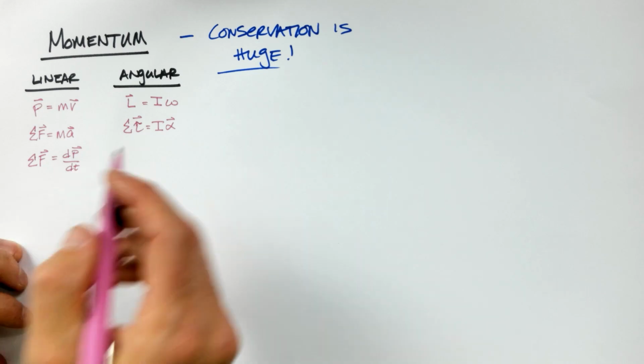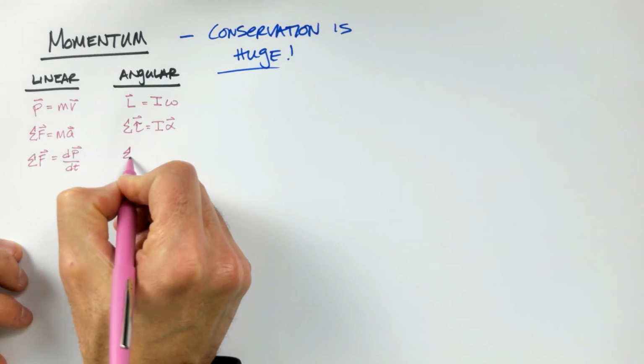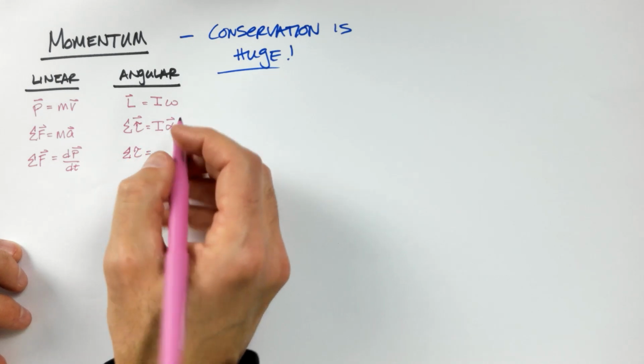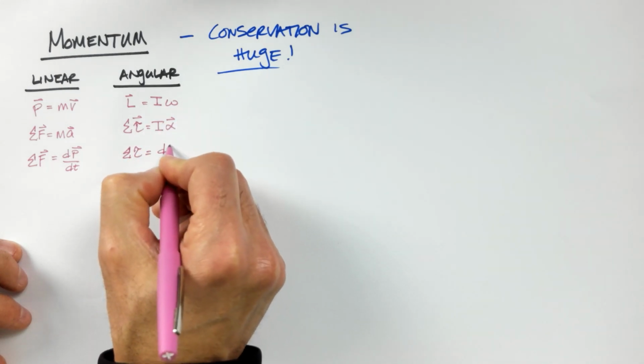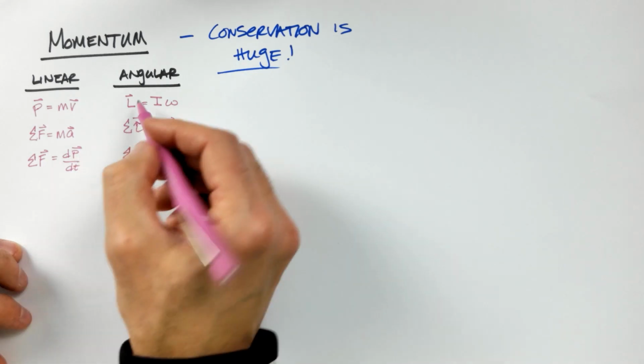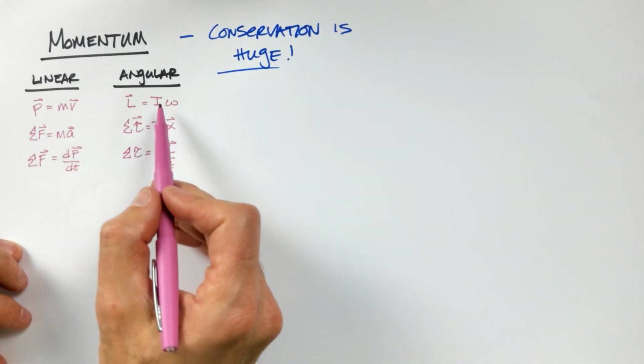And likewise, the net torque acting on a system would be equal to the derivative of the angular momentum with respect to time. I mean, you can see the consistency here.